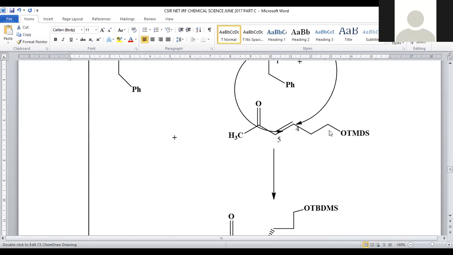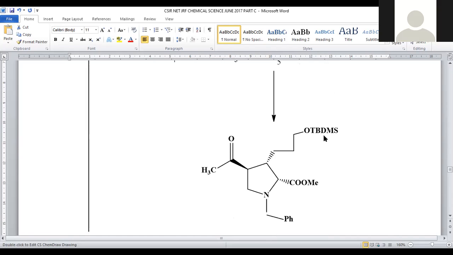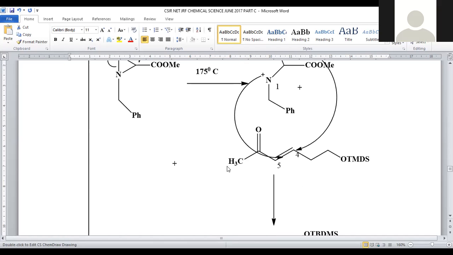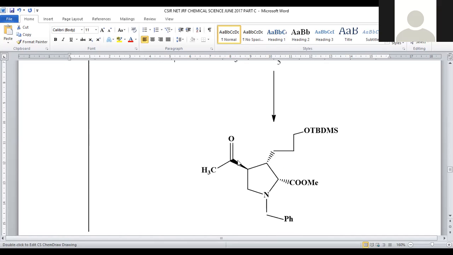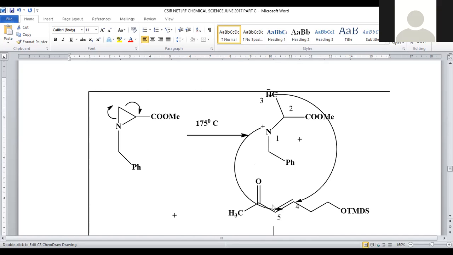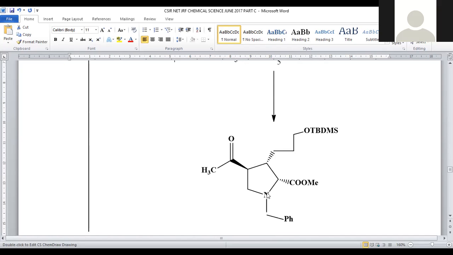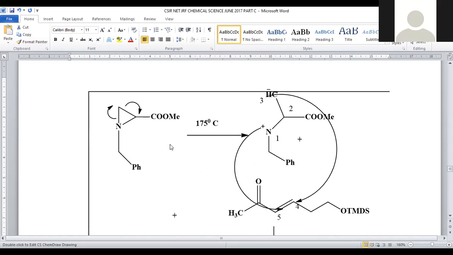So how many carbons? 1, 2 carbons are there, followed by OTBDMS. It is protected with TBDMS, right? So that side chain is also present in them. So at this 5th carbon atom, we have an acetyl group. That acetyl group will be there, right? So this is about the cyclization reaction which is carried out in this reaction.